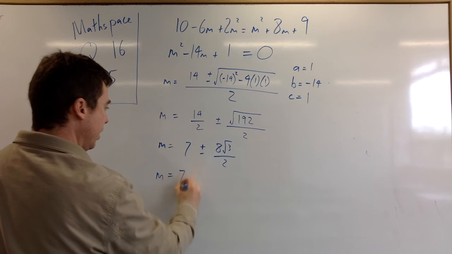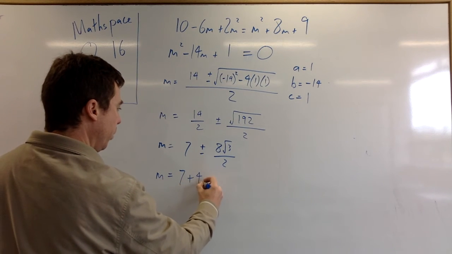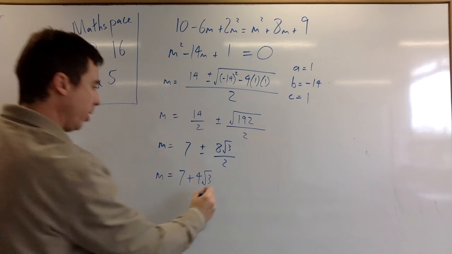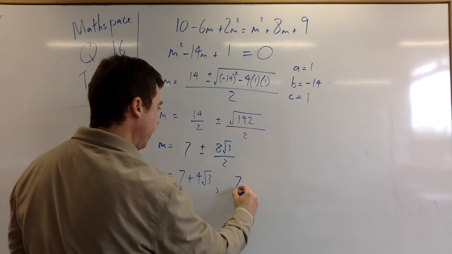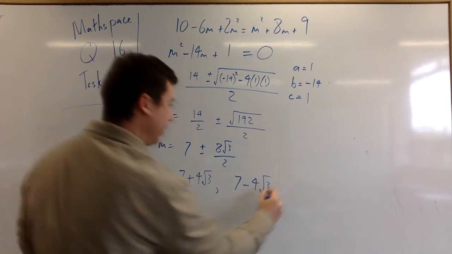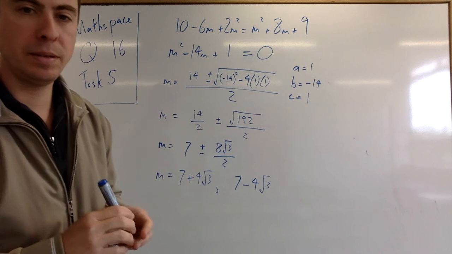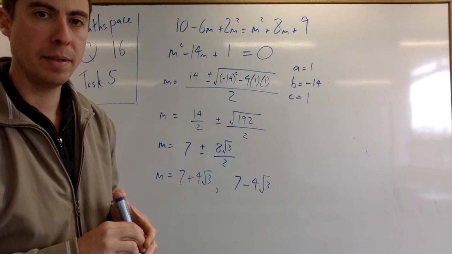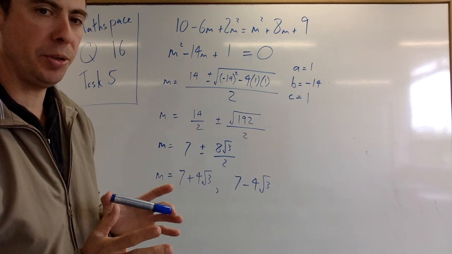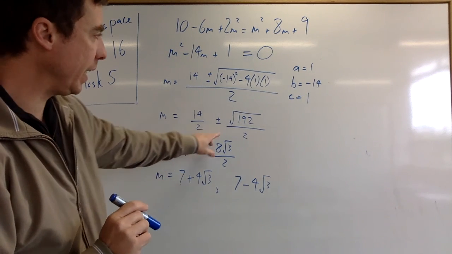One of them is 7 plus 4 times the square root of 3. And the other solution is 7 minus 4 times the square root of 3. Okay? Done.